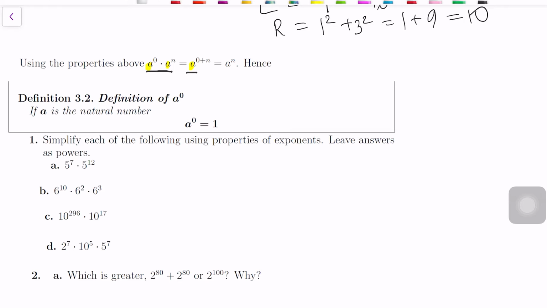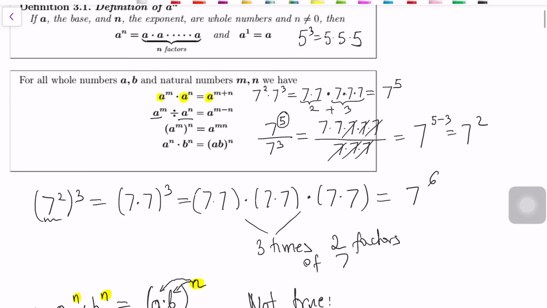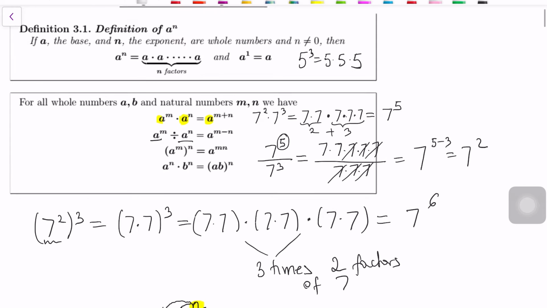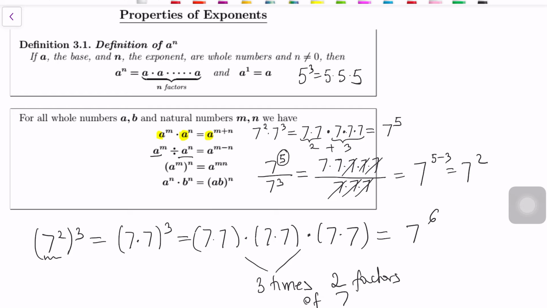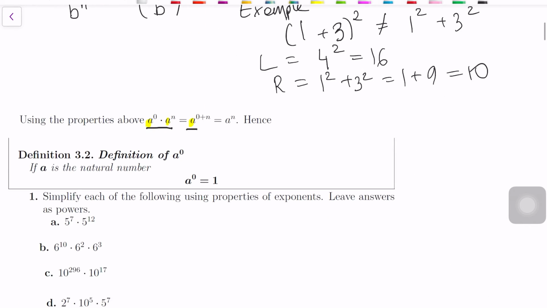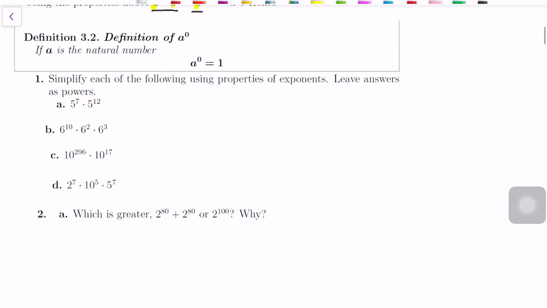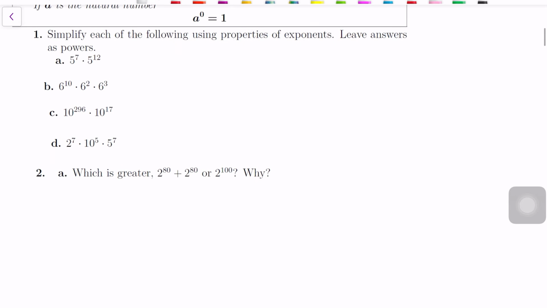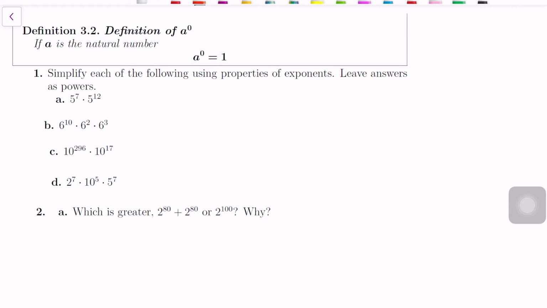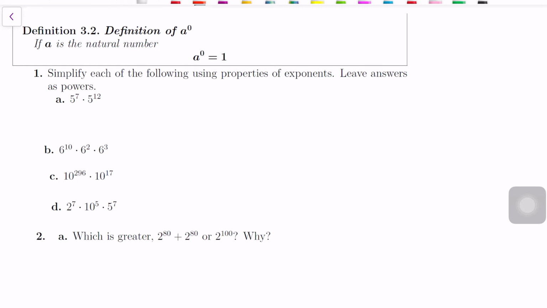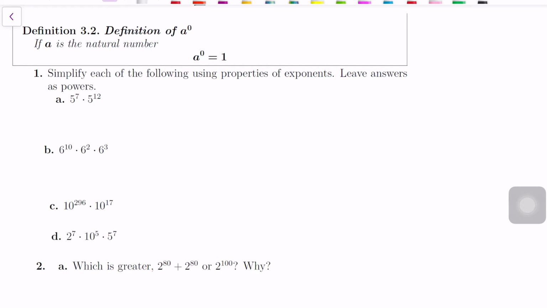Because a to the power 0 times a to the power n is supposed to not change a to the power n. It's the same as a to the power n, which means a to the power 0 has to be 1. So that's why we add this definition. We can state it or we can conclude it either way, that with those properties and with the original definition, it must be that a to the power 0 is 1. Some treat it as a definition, not a consequence, but for things to work out, a to the power 0 has to be 1.